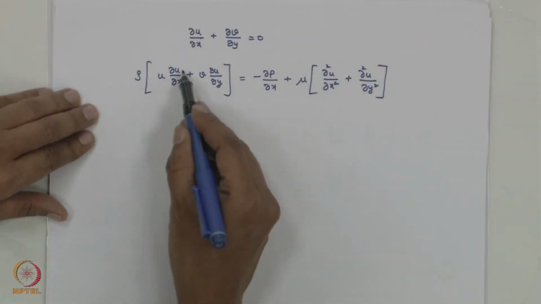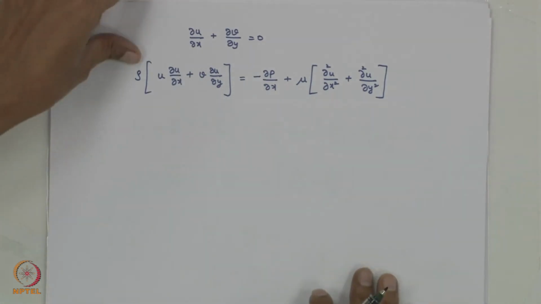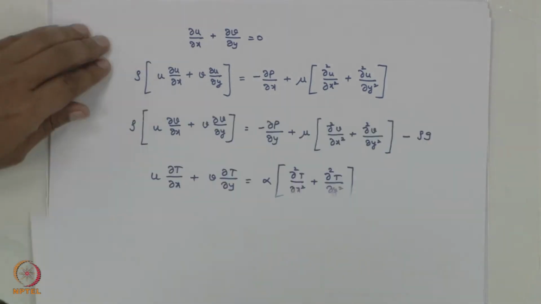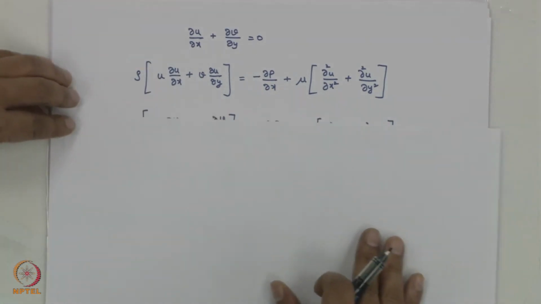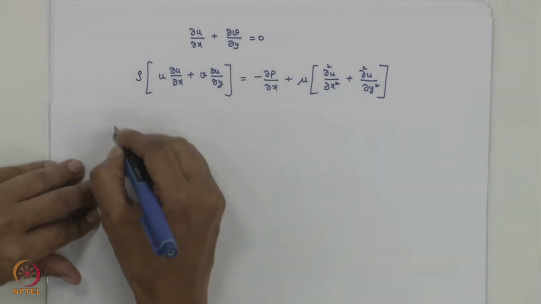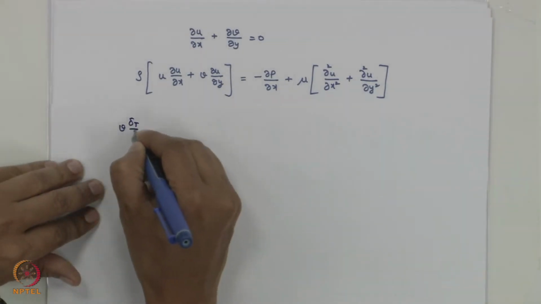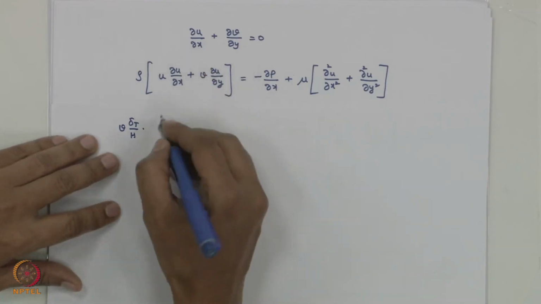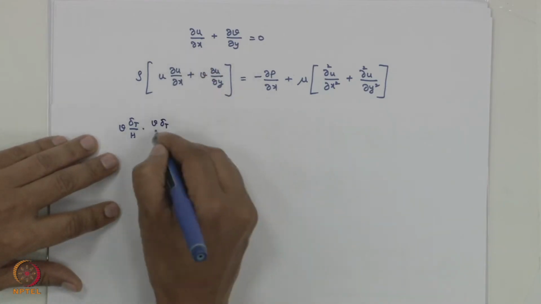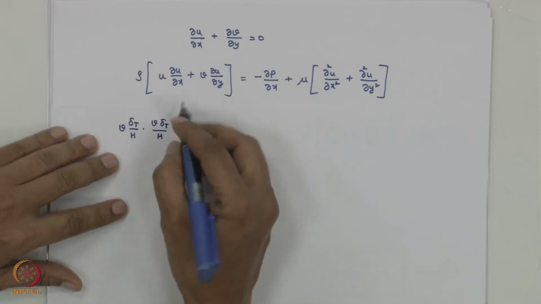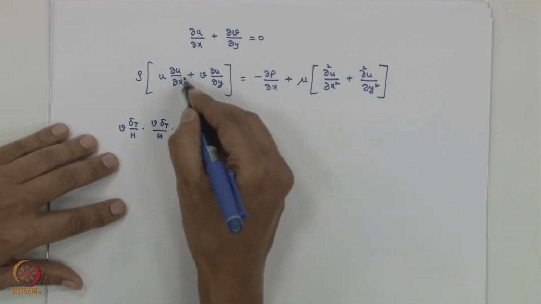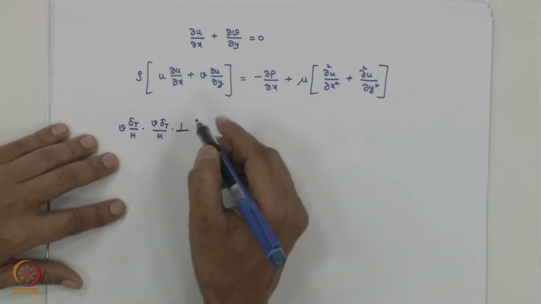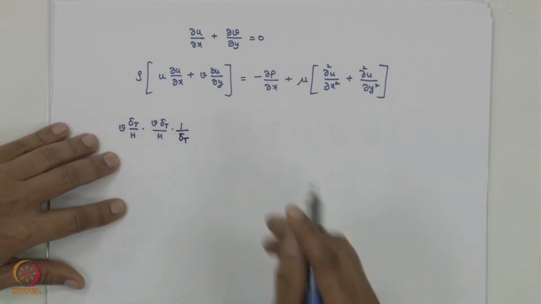What is the scale of u del u by del x? Just now I wrote the u scale is v delta t by h. So v delta t by h into del u by del x, that is also v delta t by h into the scale of x, which is delta t.